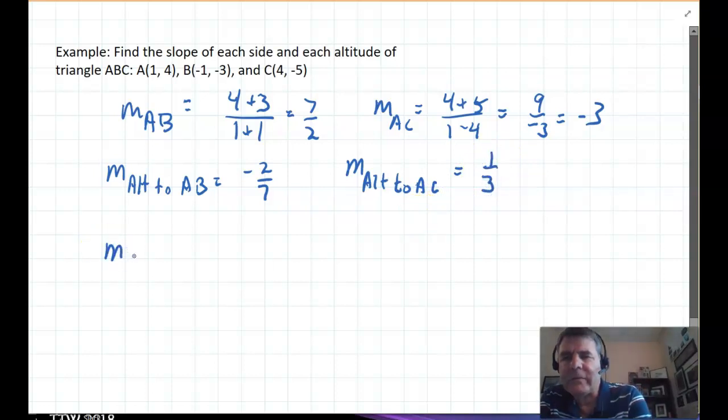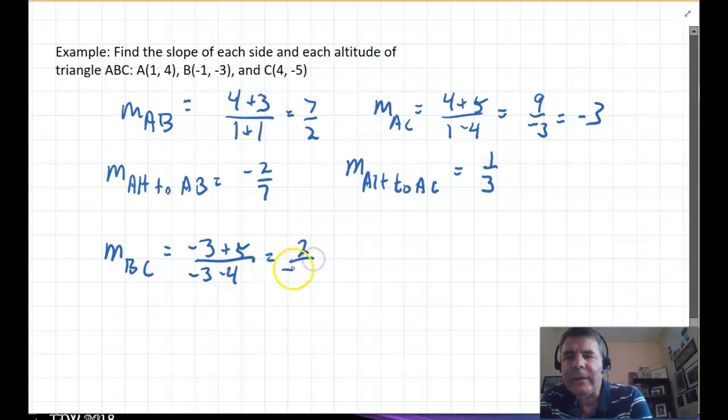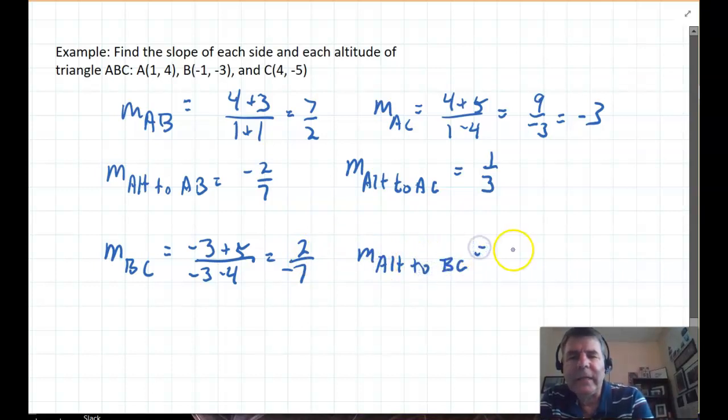And finally, the slope of the third side, BC, is going to be -3 plus 5 over -3 minus 4, which is 2 over -7. And that means that the slope of the altitude to BC is +7/2.